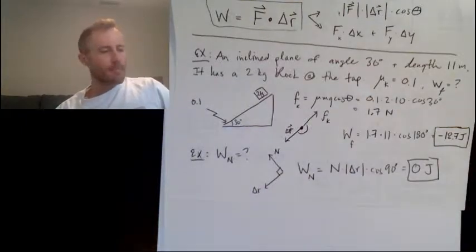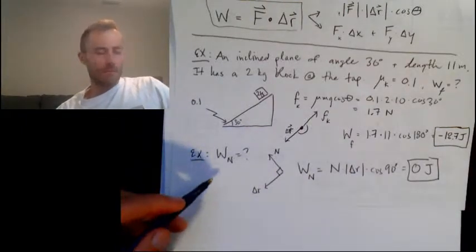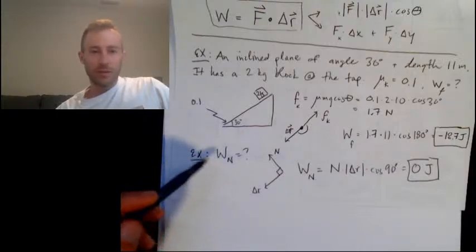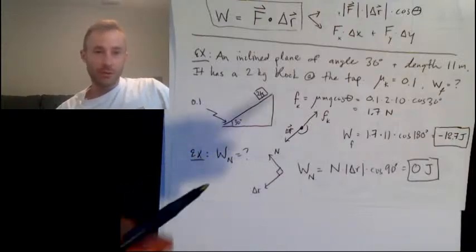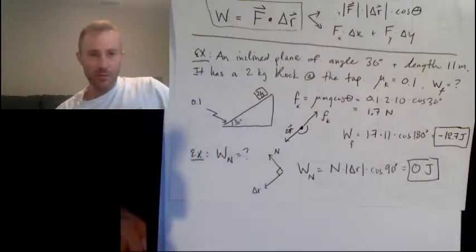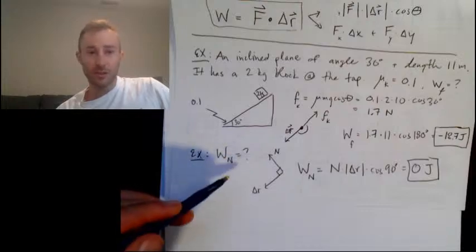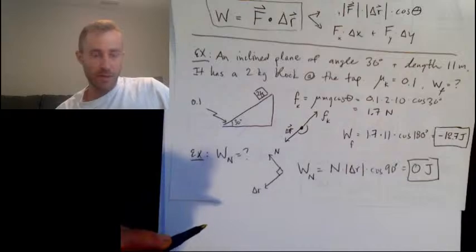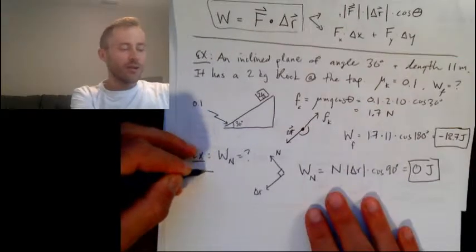Now, you might say the normal force must always do 0 joules of work then. That's not actually true. I can think of a couple of situations where the normal force does work. One of those is if you're in an elevator.